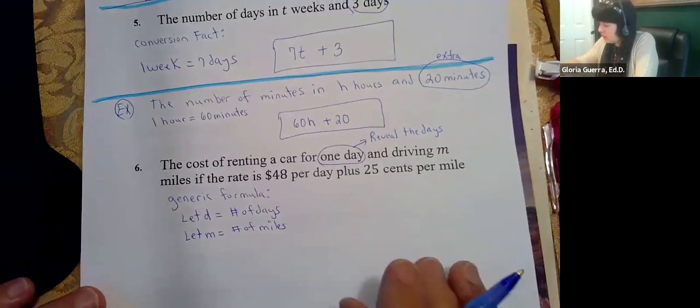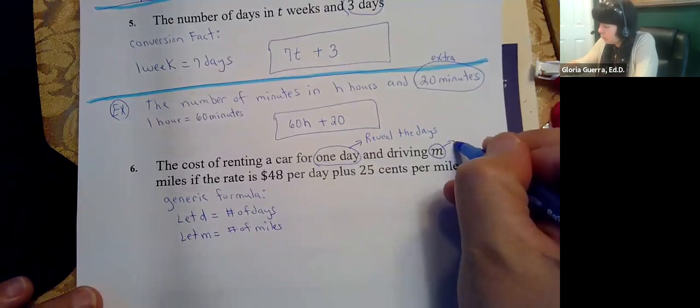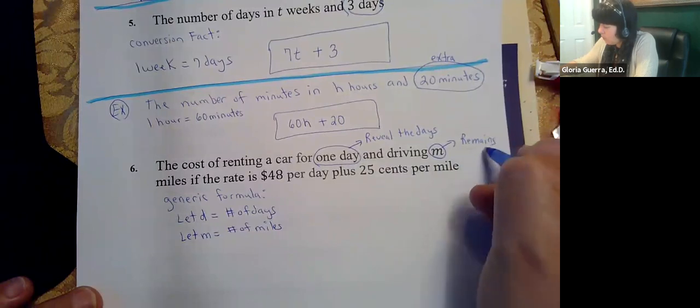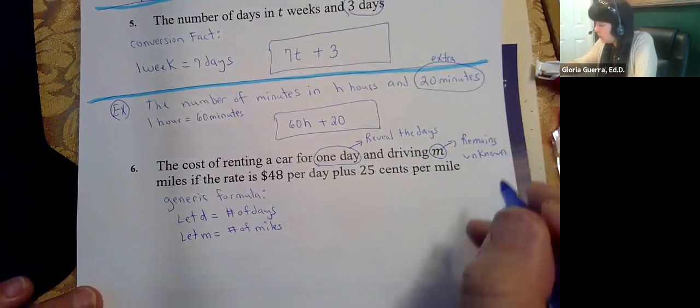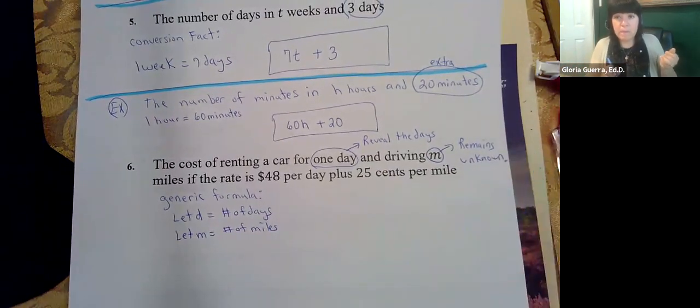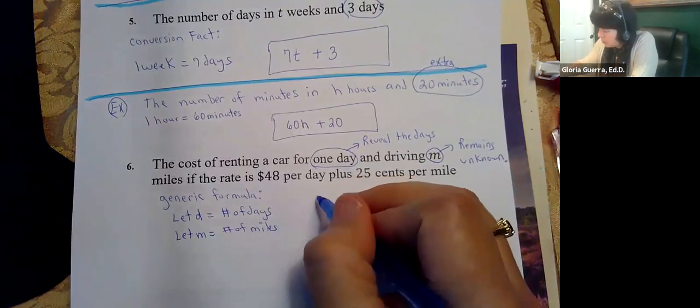This M remains unknown. They never had a chance to tell us how many miles. It's unknown: 5 miles, 15 miles, 28, 9, we don't know.